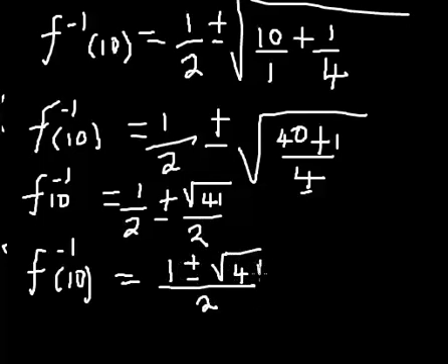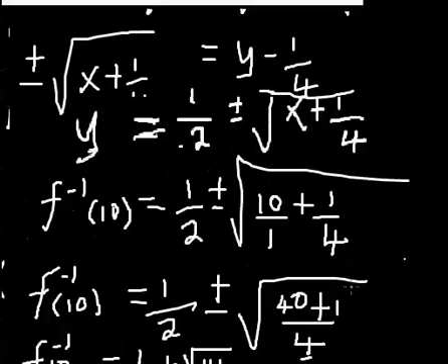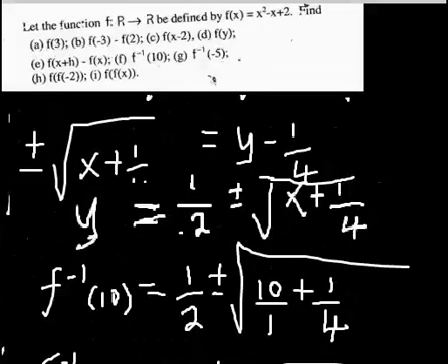Definitely, if you solve this to the end, you discover that it will give you two values, plus or minus. Now we'll look at f inverse of minus 5, which is still the same process.